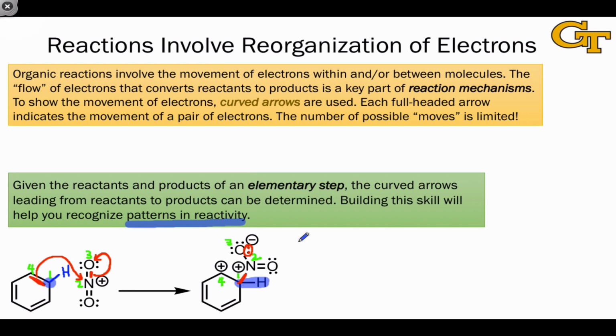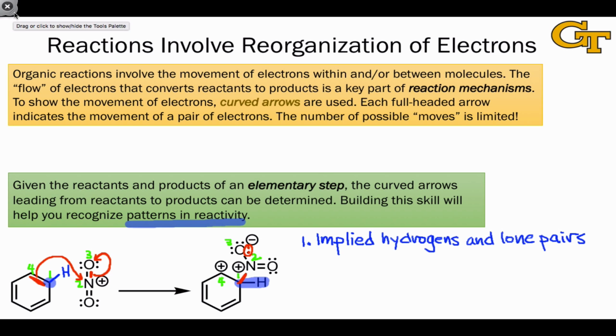There are really 3 key skills built into this process. The first is identifying implied hydrogens and lone pairs. And this is easy to skip over. You'll see people sometimes skip this step, but it's essential, in my opinion, when you're first starting out. The second key skill here is mapping atoms in the reactants and products.